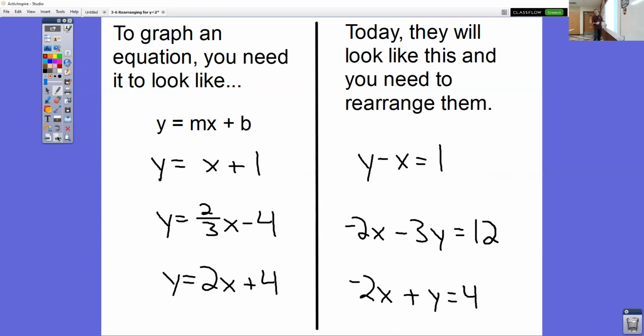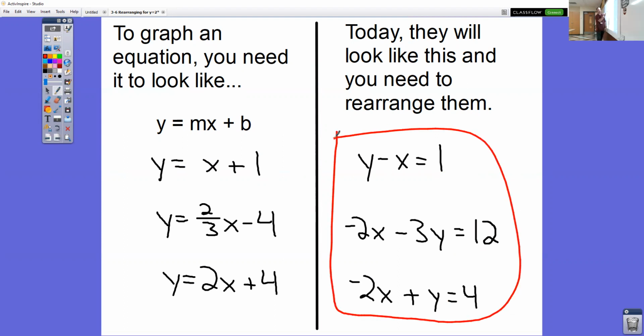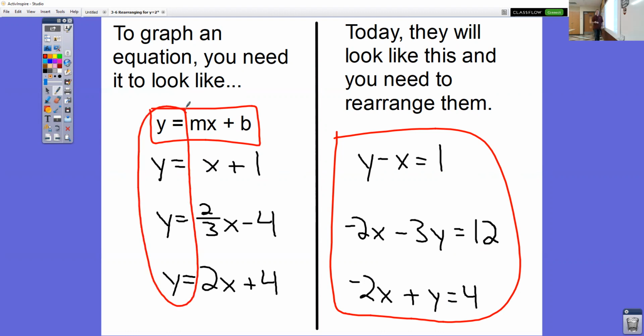So today, you're going to have equations that look like this to start off with, but we want them in this y equals mx plus b form. We want this y equals all by itself. In all of the equations, you're going to end up with y equals, then a number, then your x, then your plus or minus.